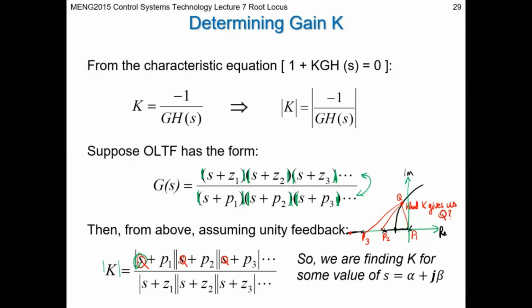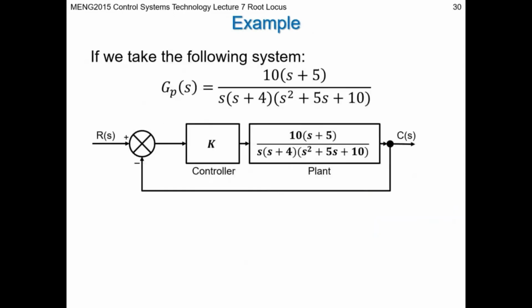As we increase gain, we're moving along this locus, and then we're going to depart from the real axis at some point when gain gets high enough. We're going to become oscillatory. So now our system's got some oscillation in its response, and eventually it gets up to this point Q. We're asking what value of gain gives us this point Q, and that's what we can get from this equation, this analysis here. So let's look at an example for this.